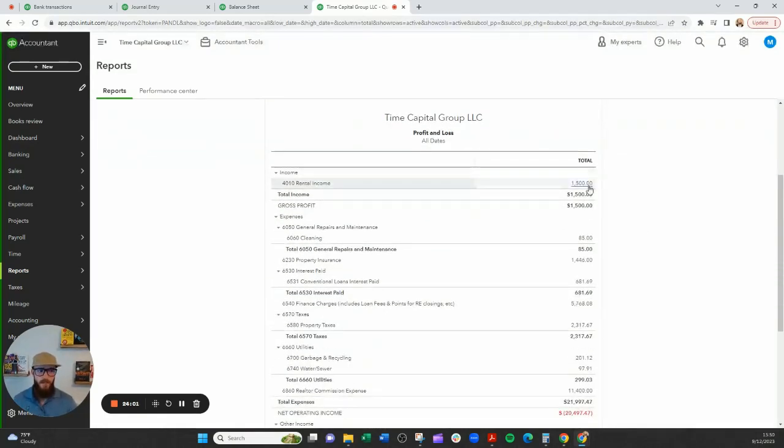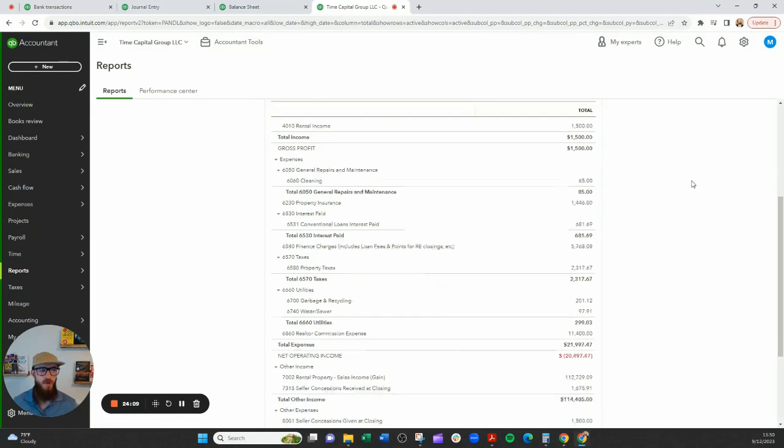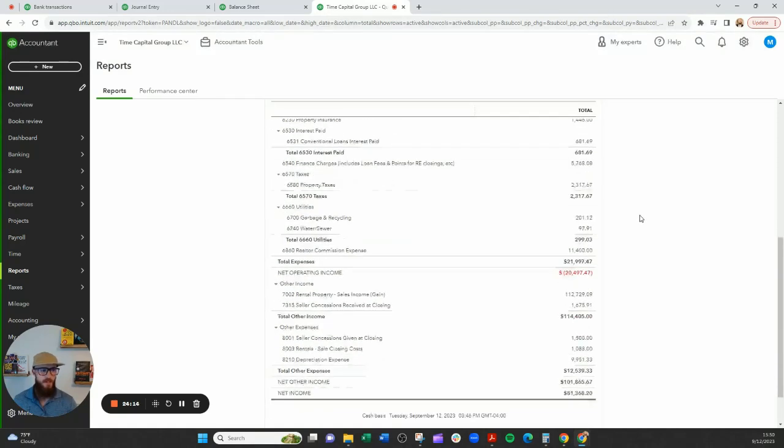We have a little bit of rent here. There would probably be a lot more rent than that, but for the purposes of this course, I just added a little bit of rent for this property, just to show it. Some expenses here, some loan interest, finance charges from previous closings, property taxes.